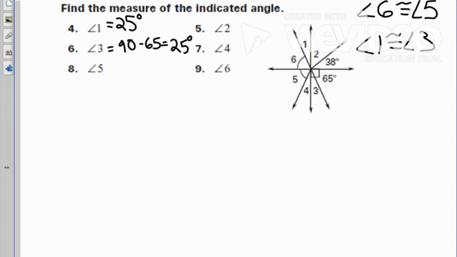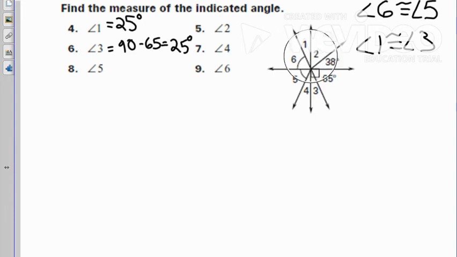Next, we could try angle 2. Since we have a perpendicular angle right here, that would imply that this also has to be a perpendicular angle.